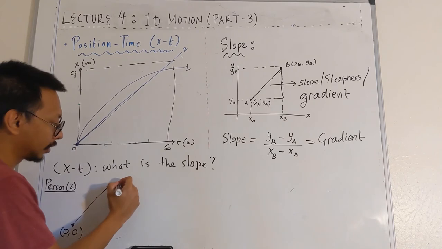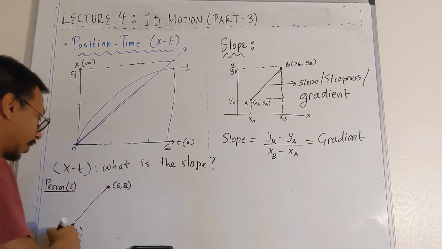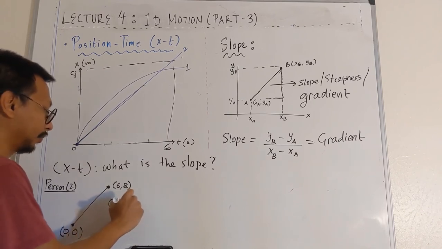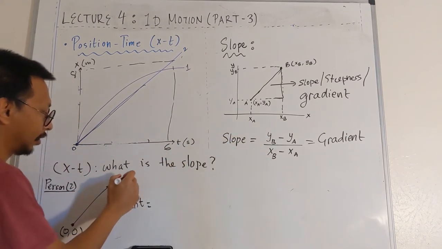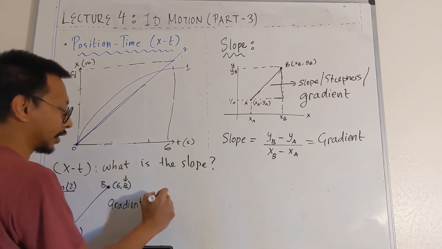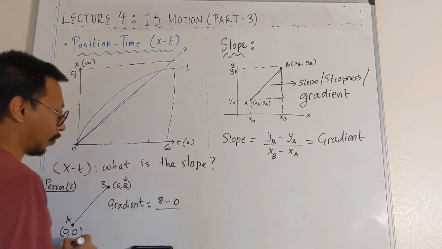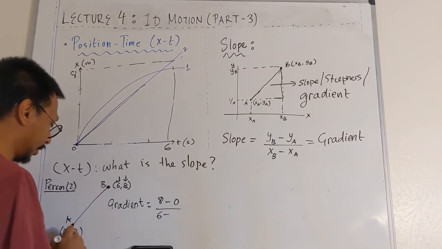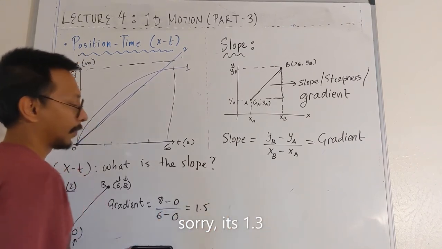So 6 and 8 is my final point. Now the gradient is equal to, using that formula, yb, this is my b, this is my a, yb is 8, the second coordinate, and ya is 0, over xb is 6 minus xa is 0, and this is 1.5, right?